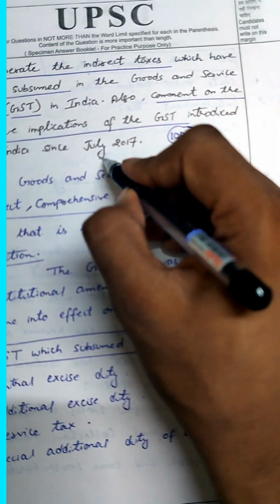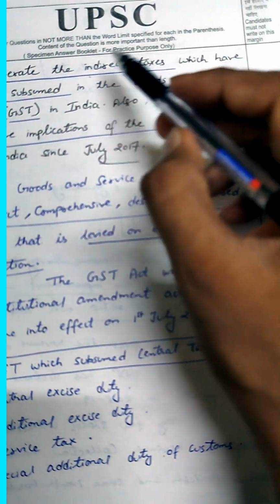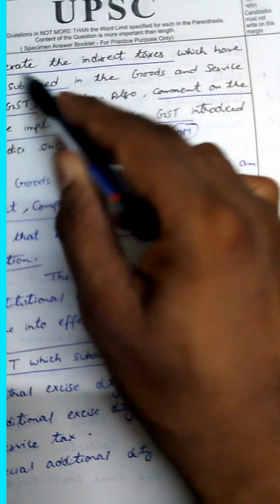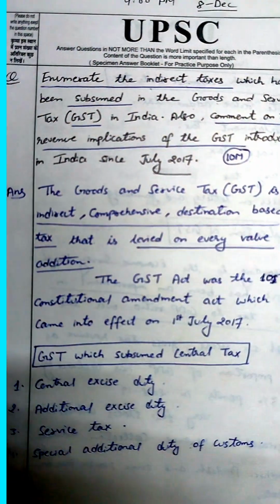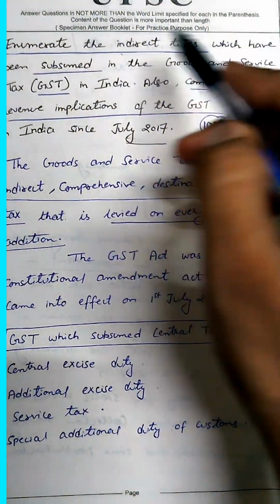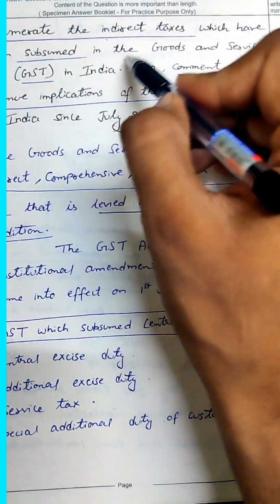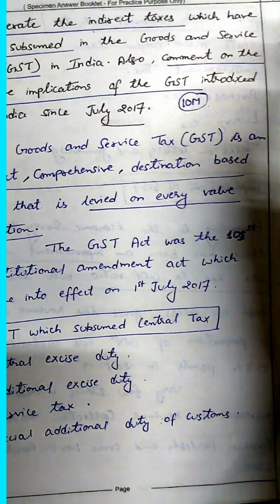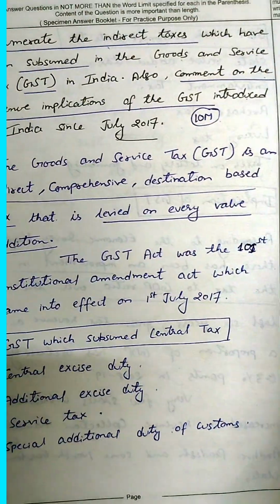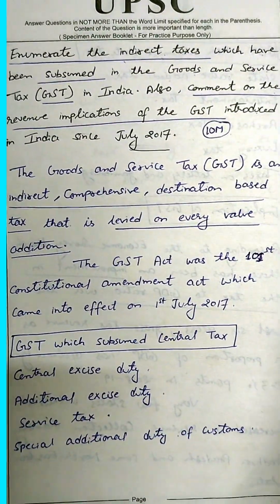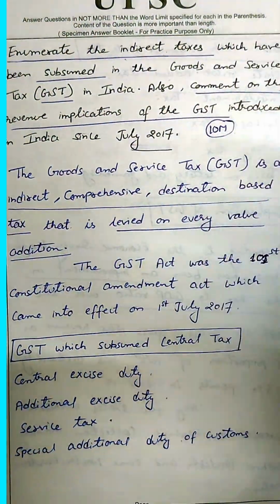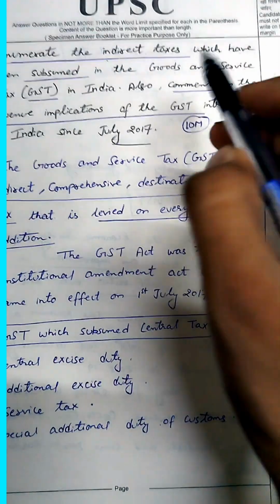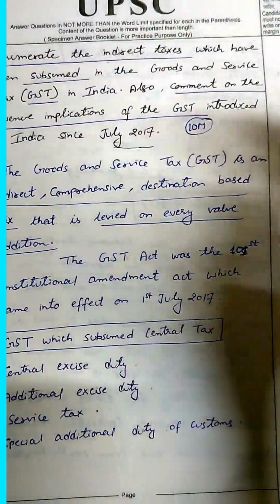So it is saying we have to enumerate the indirect taxes, that is fine. And after that, it is saying which have been subsumed in the Goods and Services Tax. It means there are some other taxes before GST, but after GST they get subsumed, meaning they are now inside the GST itself. Correct? So we have to talk about those also.